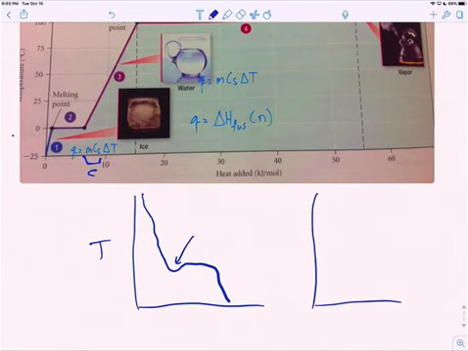Another thing is when you heat things up. So let's go back to heating. Typically, it can look like this, where it's not flat, it's actually a slope. That's an ugly line, but you can see here there's some concavity.